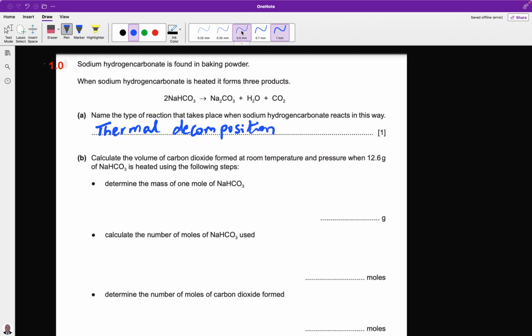That is the name given to this type of reaction, thermal decomposition.